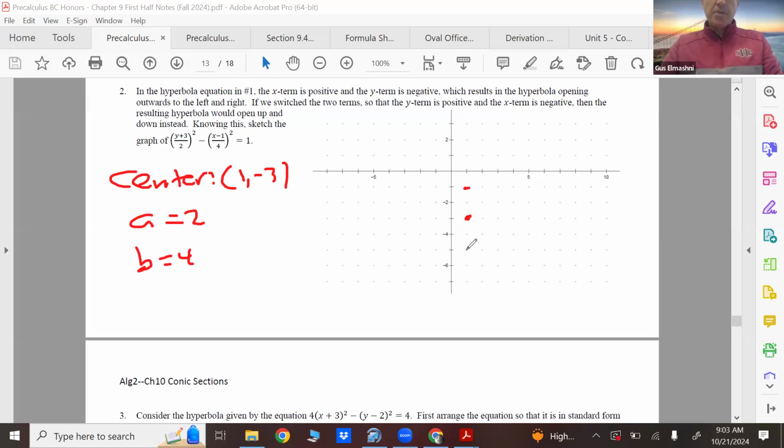Just the way it's written, you have to be mindful of it. I don't like the lack of consistency here, to be honest with you. Anyway, 2 up, 2 down.